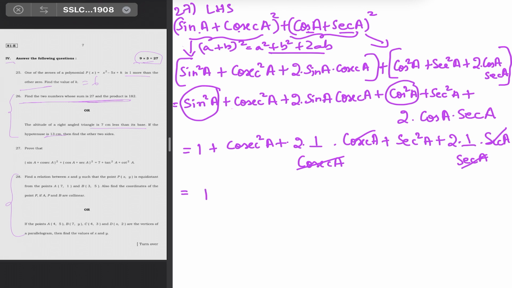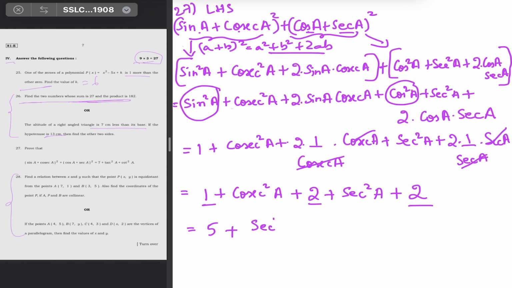That is equal to 1 plus cosecant square A plus 2 plus secant square A plus 2. 1 plus 2 plus 2 is 5. Then remaining is secant square A plus cosecant square A.